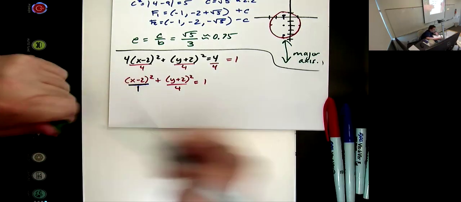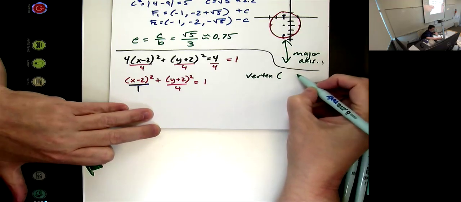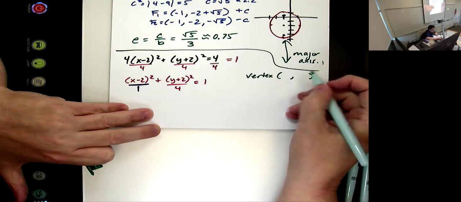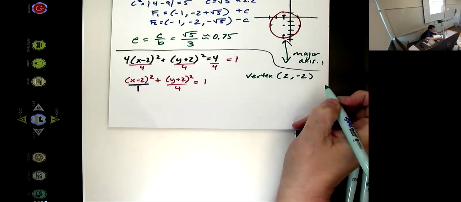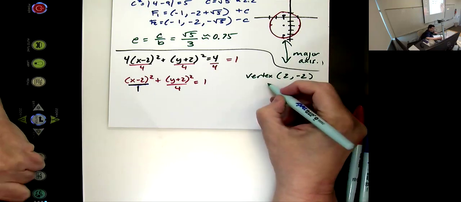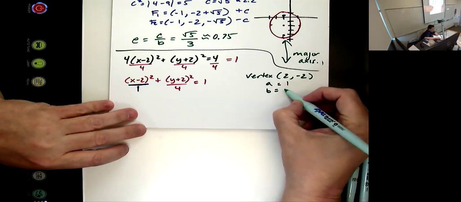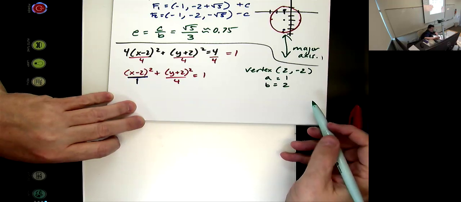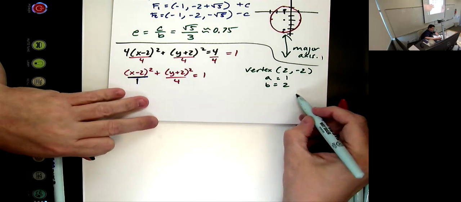Alright, what's the vertex? It's 2, -2. There's no X or Y in it, it's just 2 and -2. What's A and B? 1 and 2. So if I sketch it.